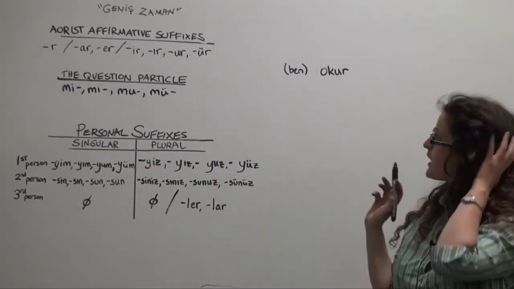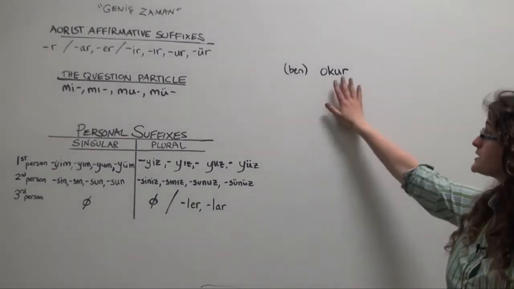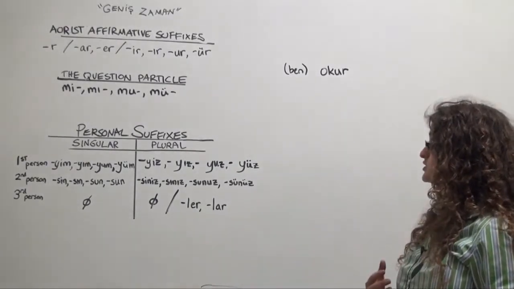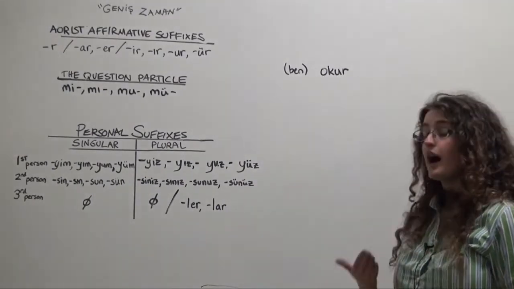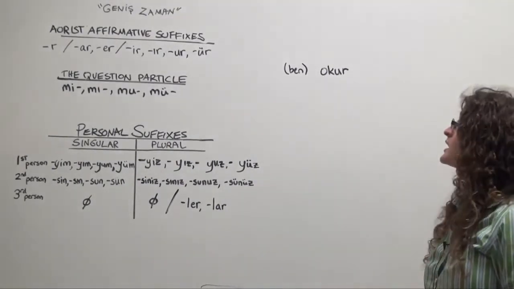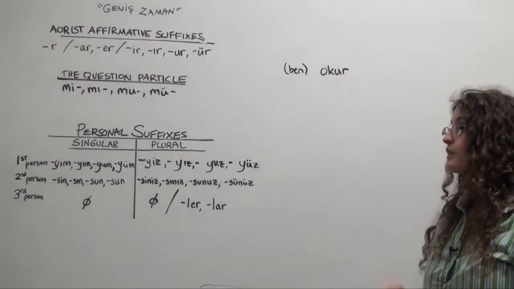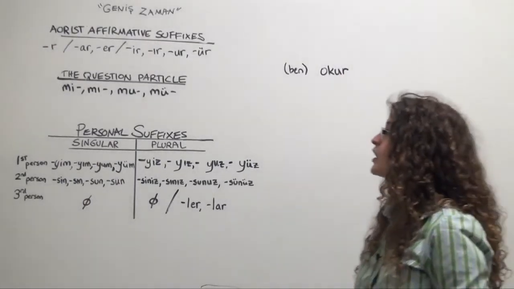All right. Now, this first word of our yes-no question, do I read, ends here, okur. Now we begin a new word with our question particle.